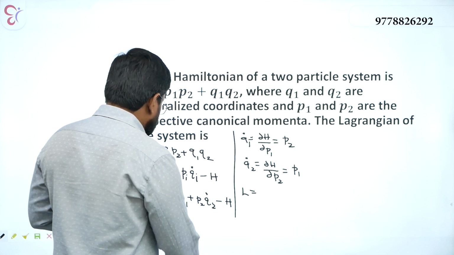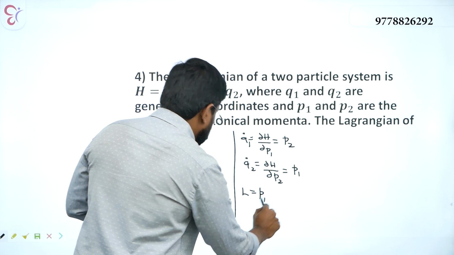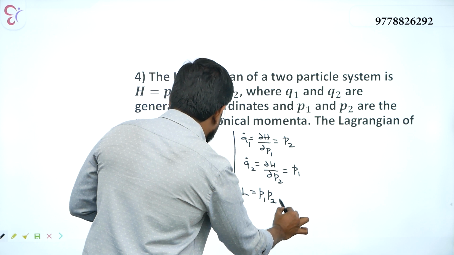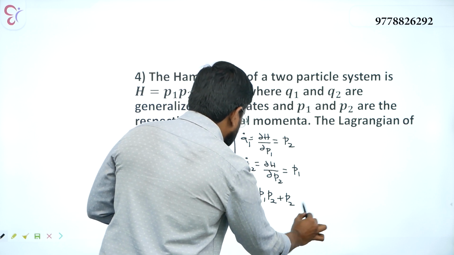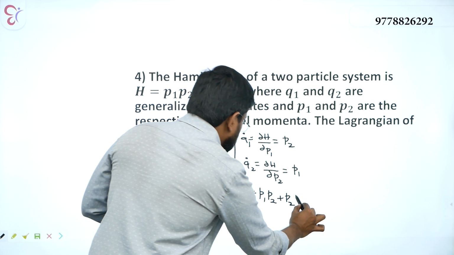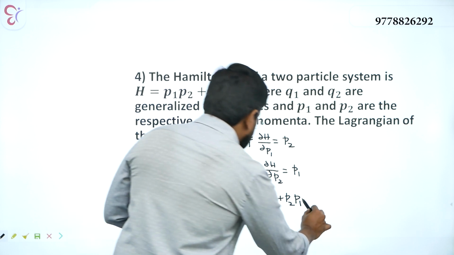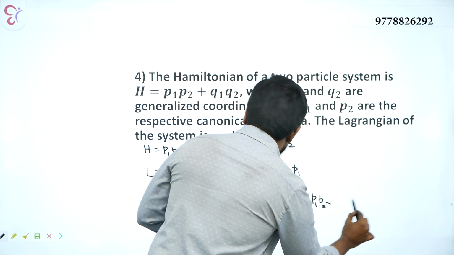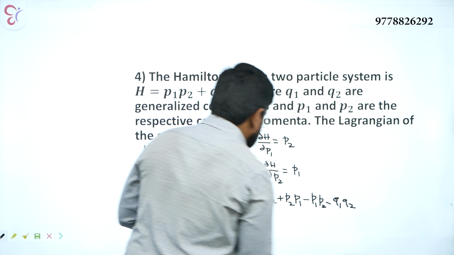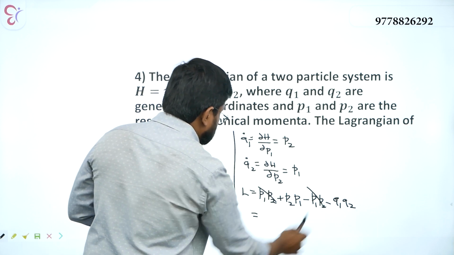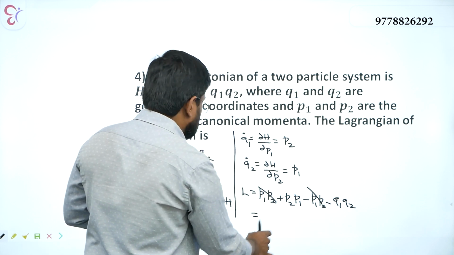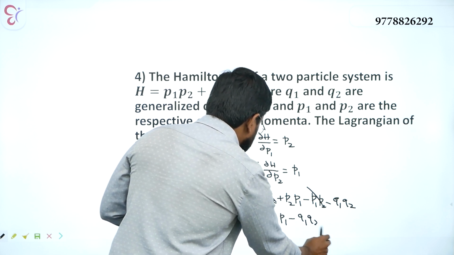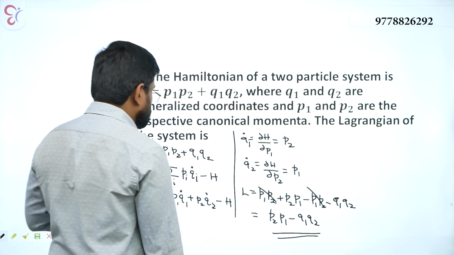So L is equal to P1 into Q1 dot, that is P2, plus P2 into Q2 dot, that is P1, minus H. H is P1 P2 minus Q1 Q2, isn't it? So P1 P2 and P1 P2 cancel. So what is the answer? You will get P2 P1 minus Q1 Q2.